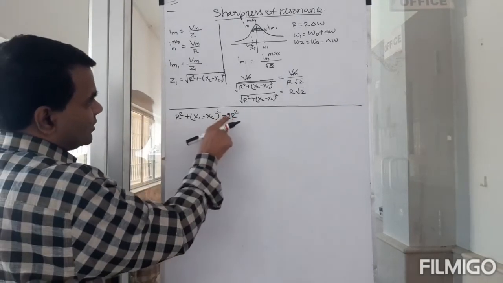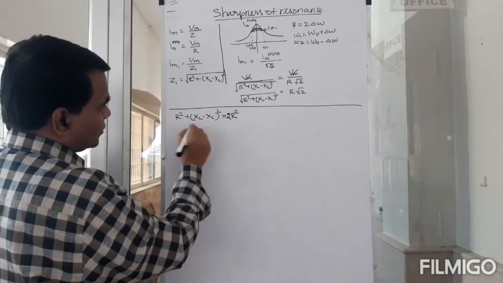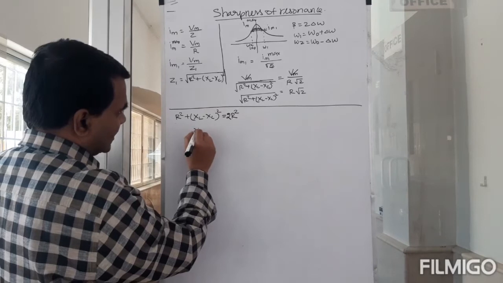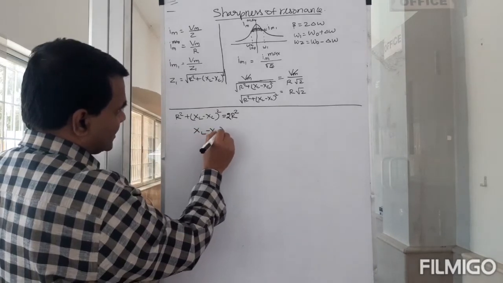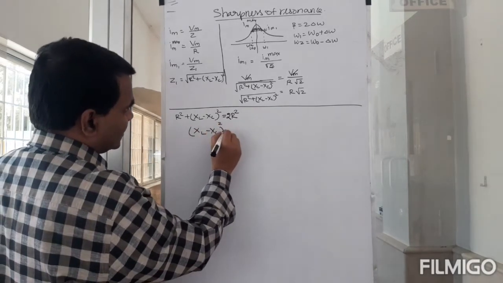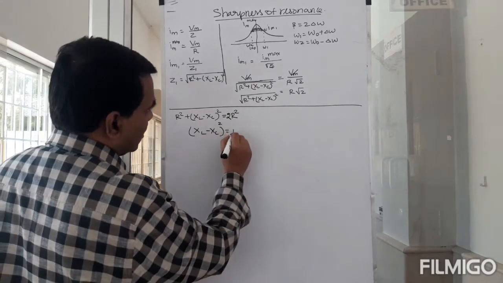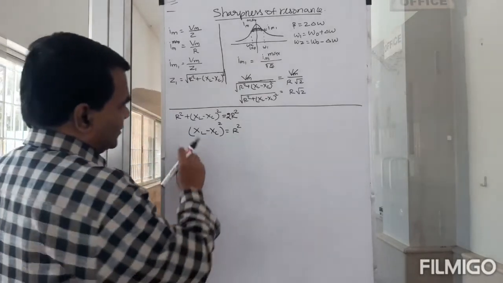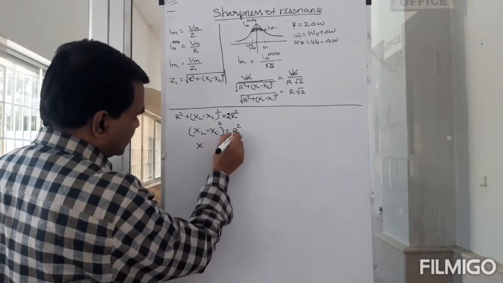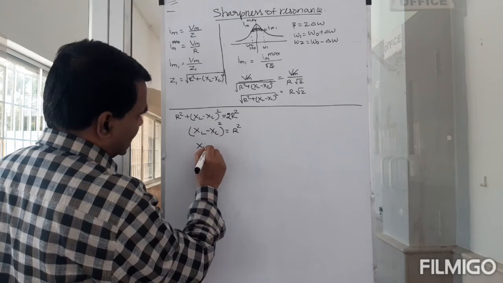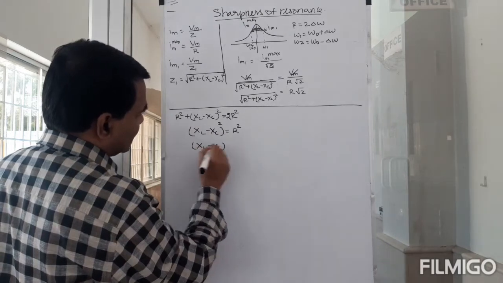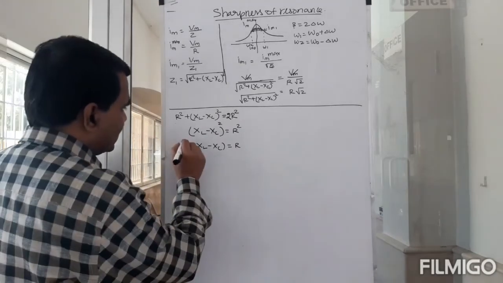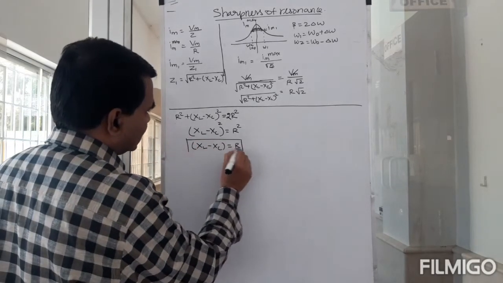I got R squared here and 2R squared here, so one R squared can be subtracted from that. Then I get XL minus XC the whole square is equal to R squared. Clearly this is positive, so XL minus XC is equal to R. So that is the condition.